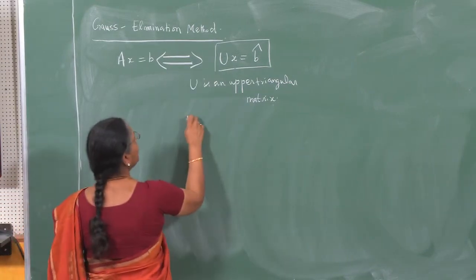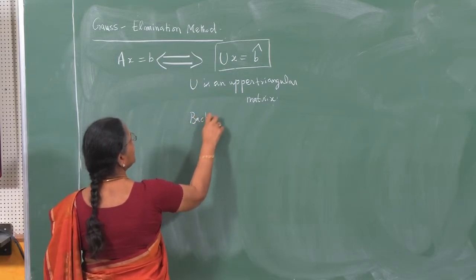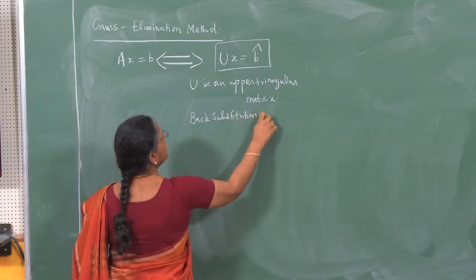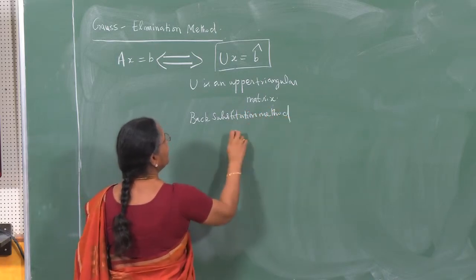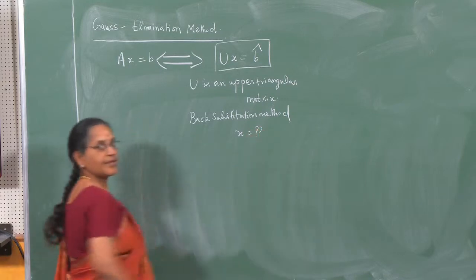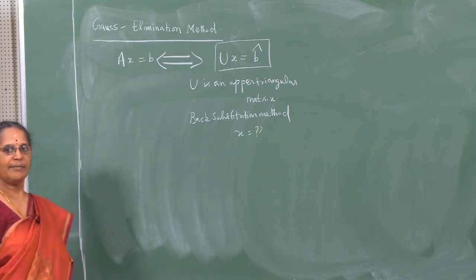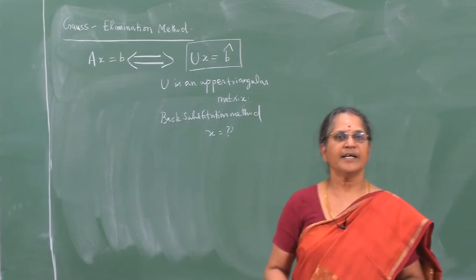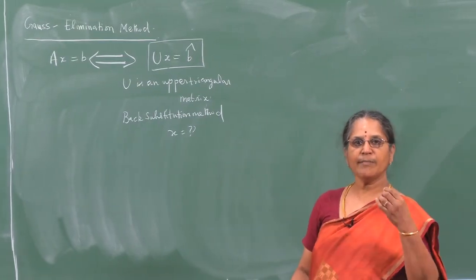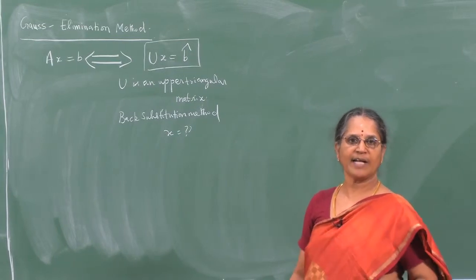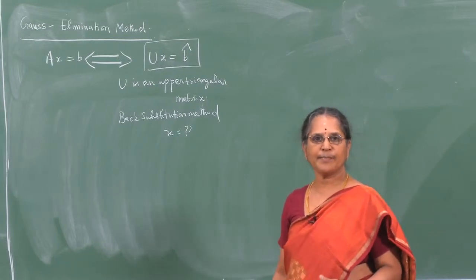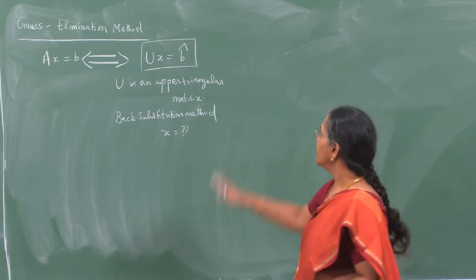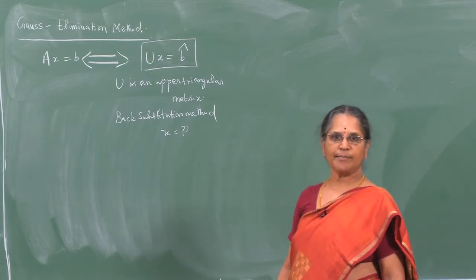And so, you employ back substitution procedure and solve this system and determine what x is. So, Gauss elimination method involves two steps. The first step is reducing a given matrix A to an upper triangular matrix. The second step is to employ back substitution method and solve the system Ux is equal to b cap.